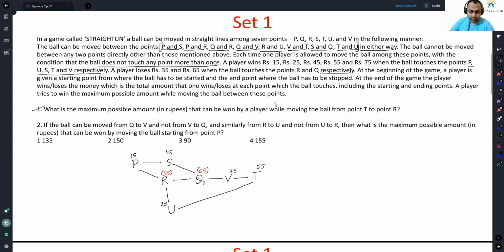The first question is, what is the maximum possible amount in rupees that can be won by a player while moving the ball from point T to point R?